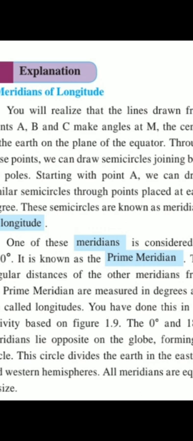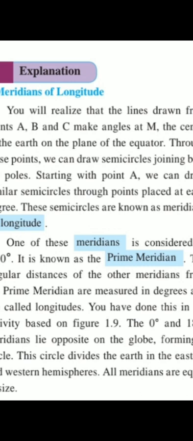Longitude means the imaginary lines drawn on the earth, on the globe, on the miniature model, which meet at the north and south poles. These lines are known as meridians.